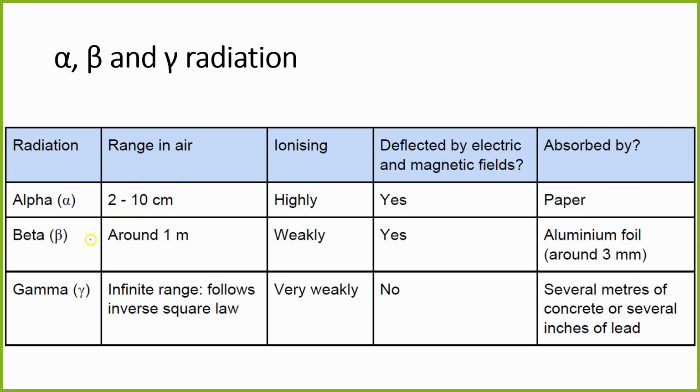As regards beta particles now, which are pretty much electrons, they can travel up to about 1 meter. That's basically like the length of a ruler.